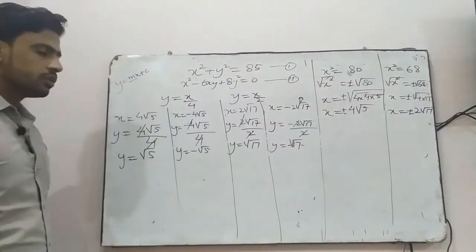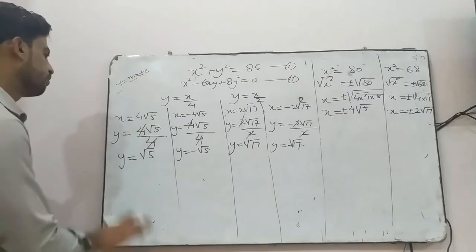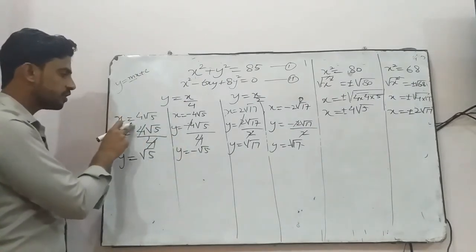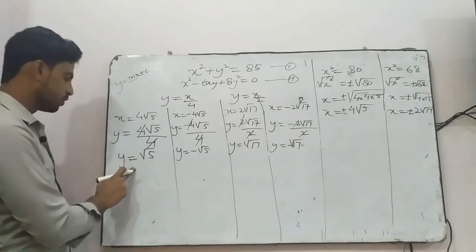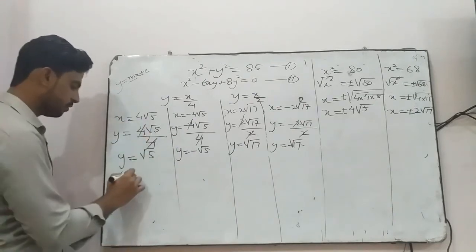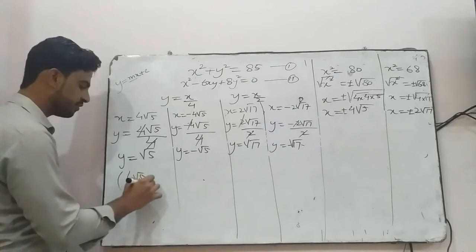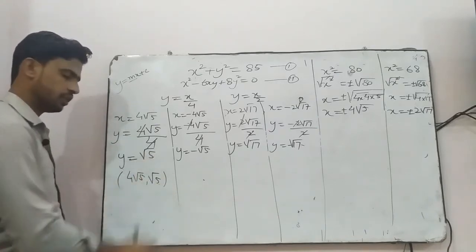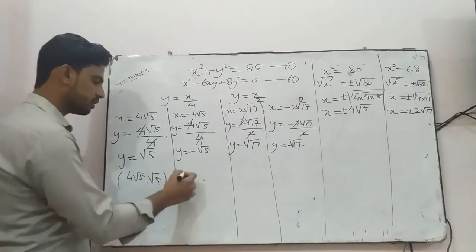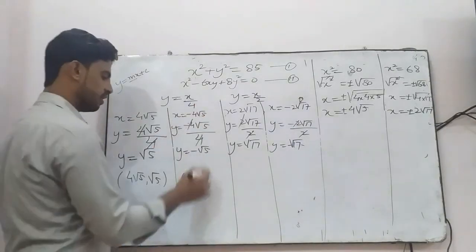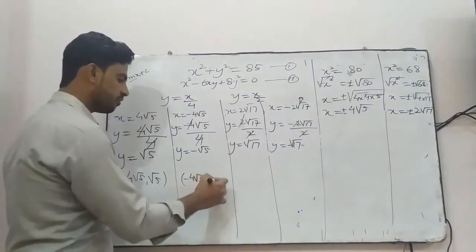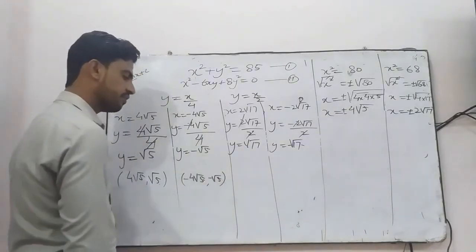So we have got a solution set for the respective values. For this value of x, the y value is this. So the pair is x equals 4√5; for this value of x, the value of y is √5. For this, the value of x is negative 4√5, so the value of y for this value of x is negative √5.